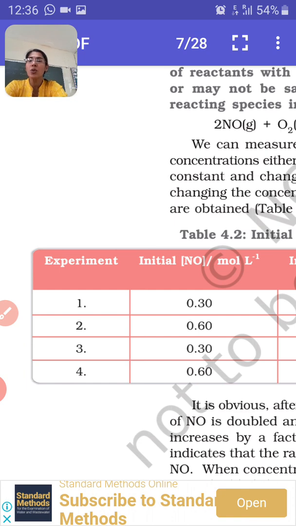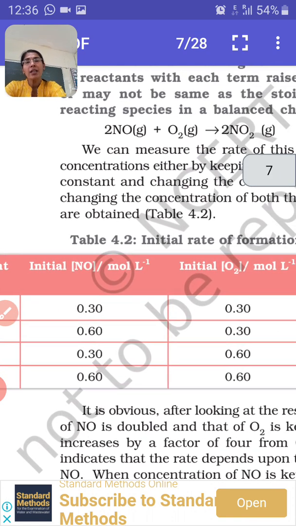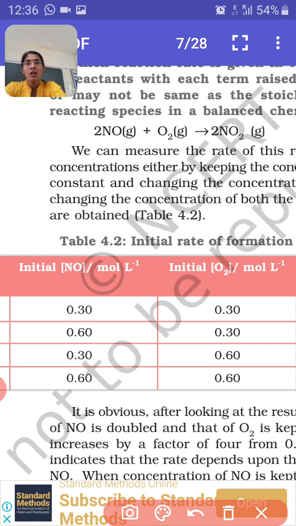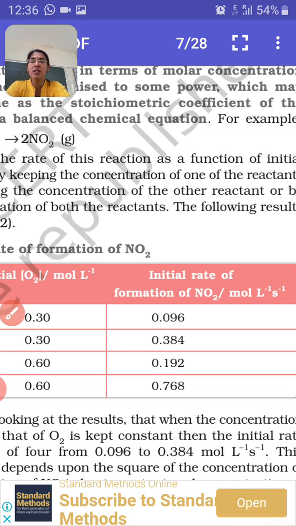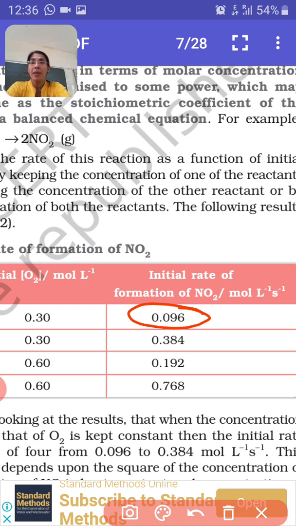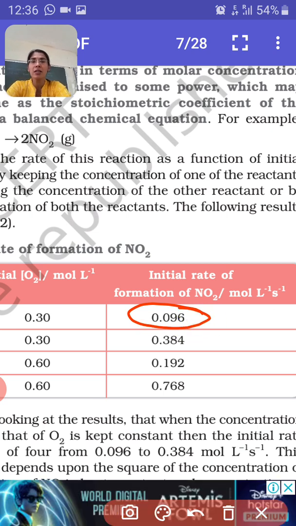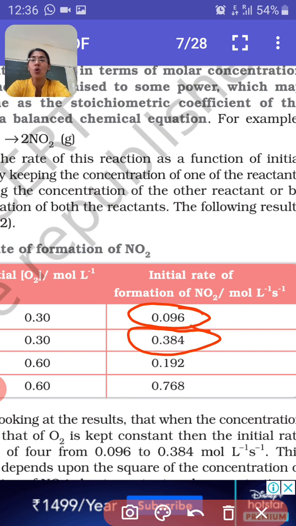So experiment set 2 will be done in such a way that the concentration of oxygen will be kept constant, whereas the concentration of NO will be increased. And how much is it increased? Only twice. But how does doubling the concentration of NO affect the rate of reaction? We see that the initial rate of reaction was 0.096, but when the concentration of NO was doubled, the rate of reaction increased 4 times.